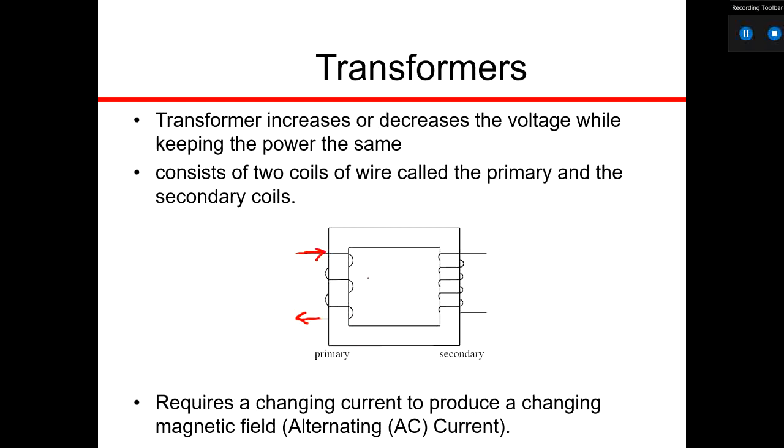Now what happens is it generates a magnetic field. We could use our right-hand rule here if you wanted to figure out the direction of the magnetic field, but it will be going in this direction as I currently draw it. So the magnetic field goes around through this iron core.